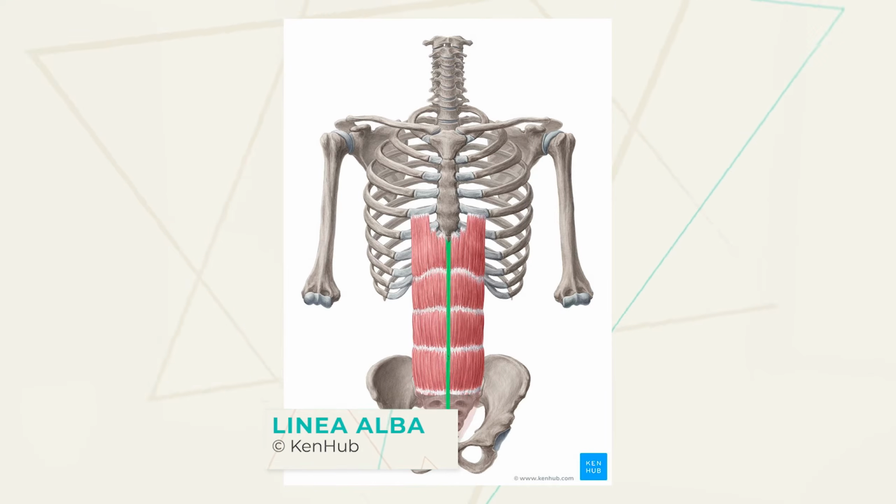And when that pressure is only being directed in one place, out toward the linea alba and not out toward the back, the sides, the obliques, the pelvic floor, without everything working together, we can start to get some separation, and it can become dysfunctional, lead to back pain, and lead to different symptoms that we might be having.